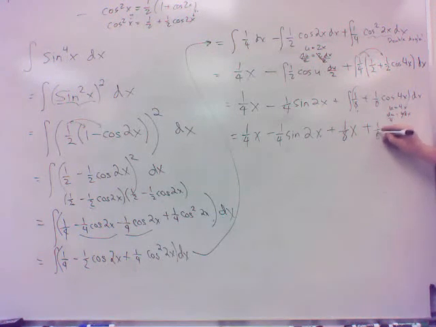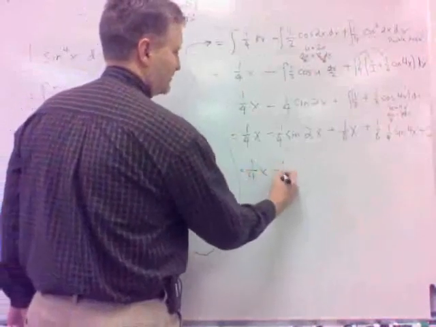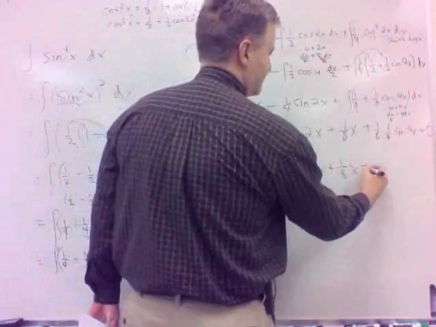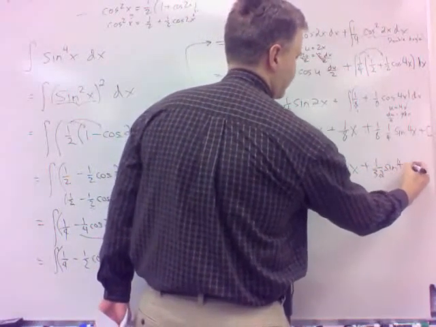So that would be 1/8 times 1/4 cosine of u, which would be sine of u, which in this case the u is 4x. So to save myself some steps, I'm just going to say it's 4. I just have to rewrite it anyway one more time. 1/4 x minus 1/4 sine 2x plus 1/8 x plus 1/32 sine of 4x plus c.